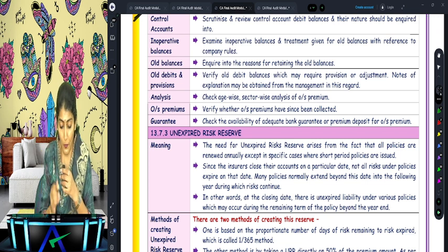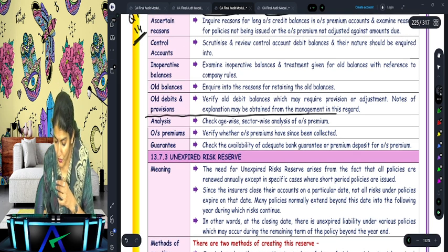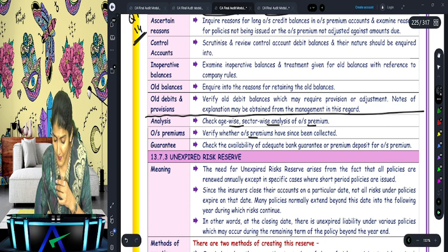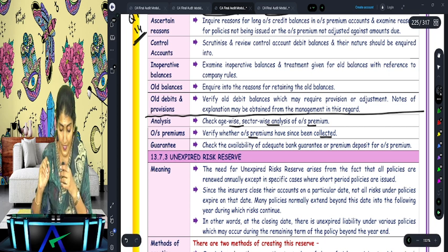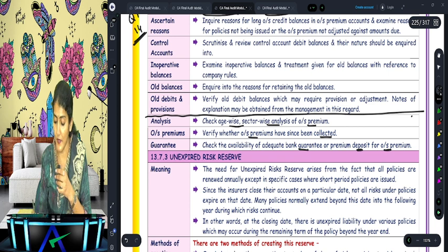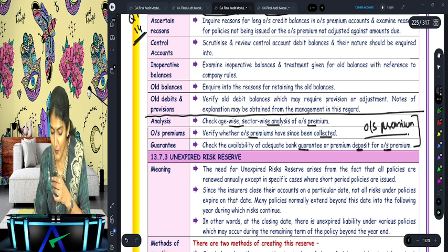Okay, right, so what does it say for the outstanding premium? One, you need to do the age-wise, sector-wise analysis of the outstanding premium. Then you also need to check whether the outstanding premium has been collected and check the availability of the bank guarantee or the deposit for the outstanding premium. So these 3 points are regarding the outstanding premium.